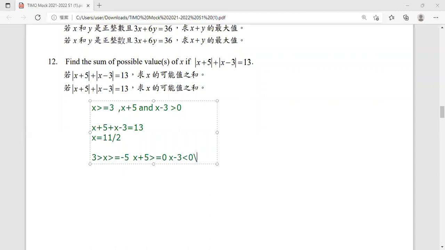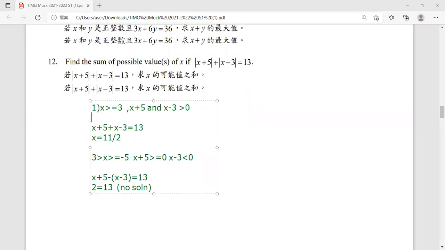So what happened is that I will get something like this one, which becomes equal to 30, which is no solution. No solution, okay? This is the second case. First case, you consider in the cases. First one, two.